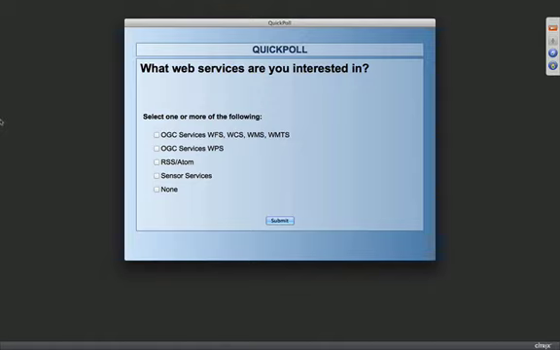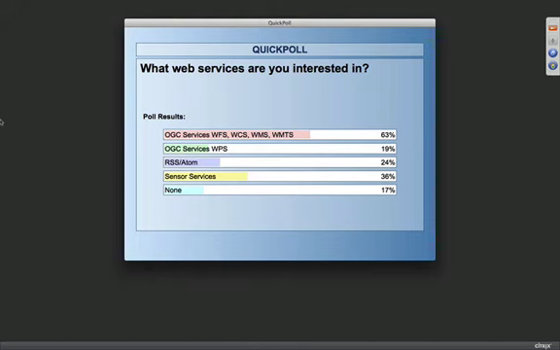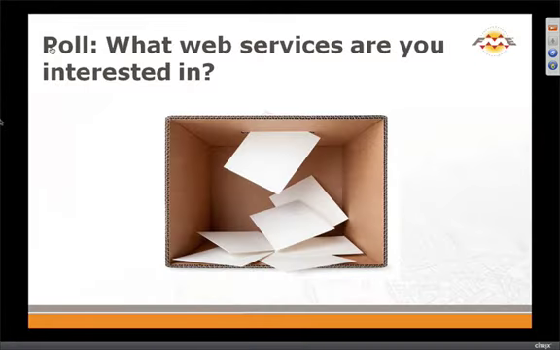Select your polls here. Lots of sensors, lots of OGC services, none. There we go. So Laura's going to close the poll and share the results. Sensors and the OGC are big, and a lot of folks are not interested in any of those. So there you go. Okay, so back to our thing.